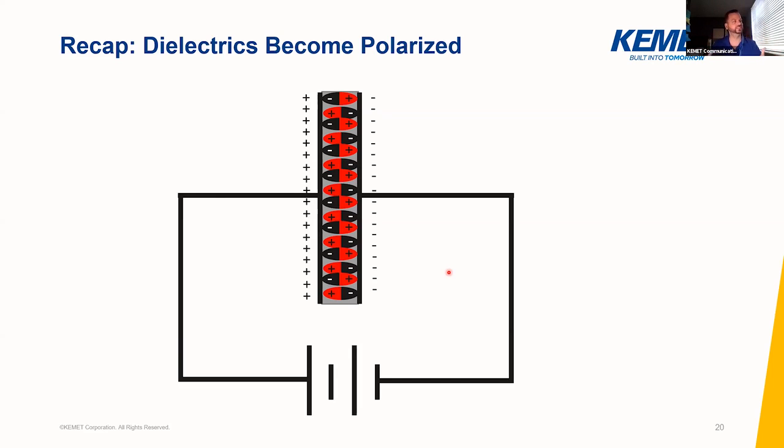And if you keep all things the same, you replace the air with something else that has an even better propensity to polarize, then your overall capacitance goes up. So in essence, yes, if you have an air capacitor, it's still polarizing, just much less so than a better dielectric like a ceramic or something like that.